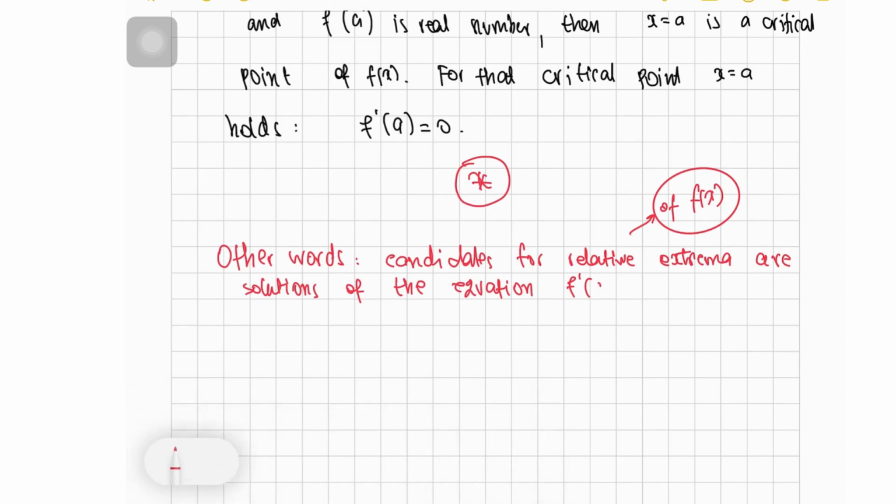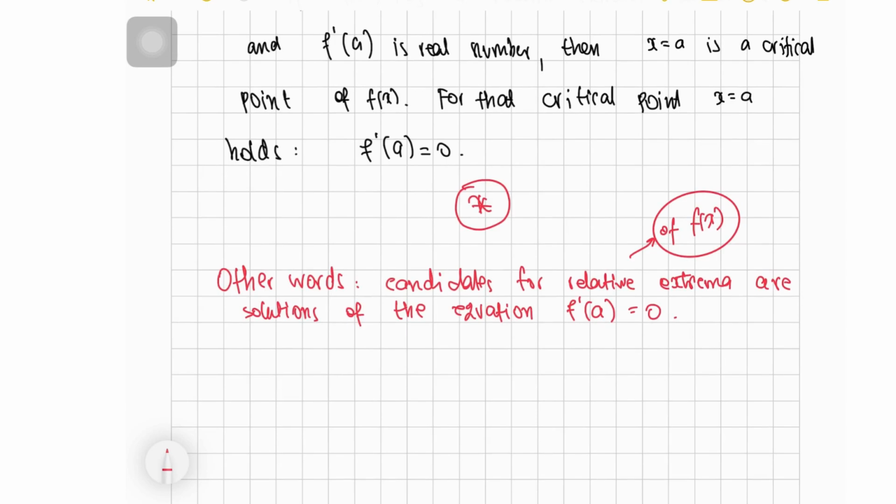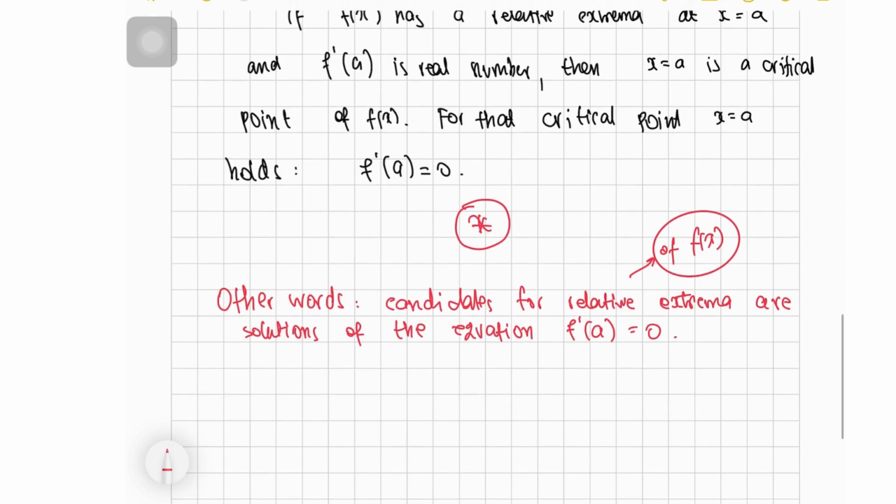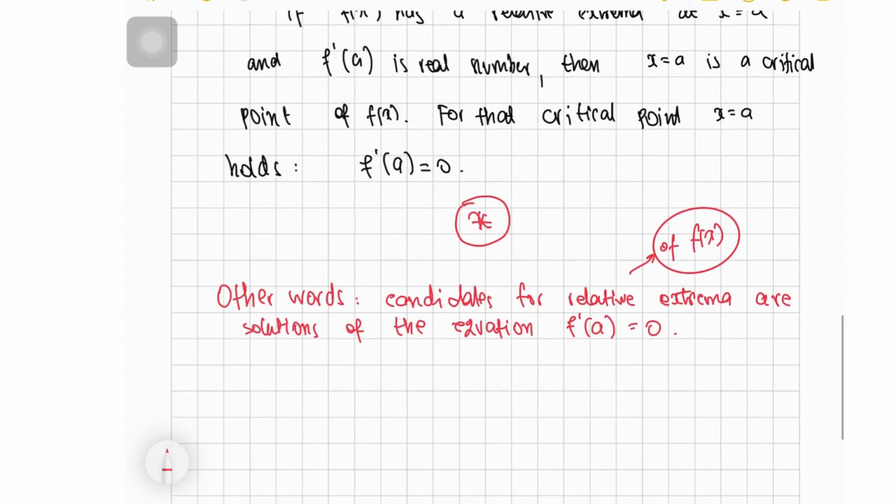So f prime of a equals 0. And of course we assume that f prime of a is a real number. So we obtain this characterization.